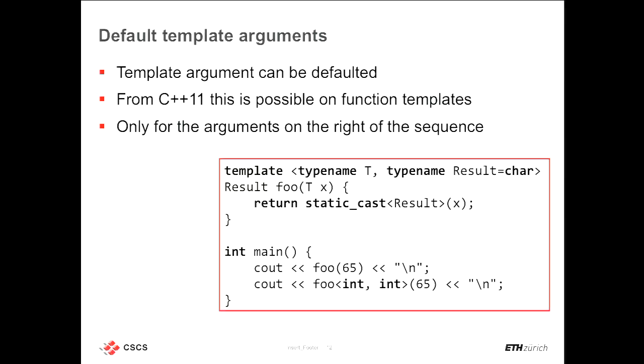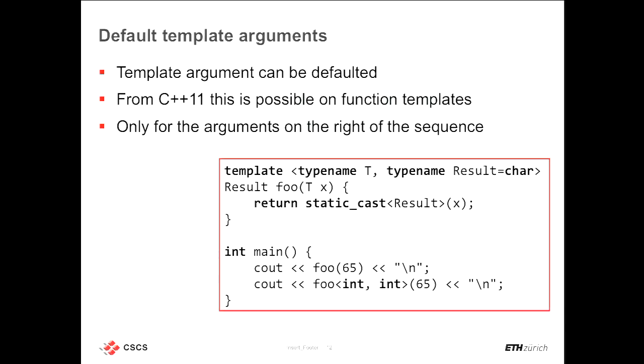Is it clear to everyone why this happens? So, I repeat, I see some faces that request some explanation. Foo(65). Foo is a template function. 65 is an integer. I'm requesting foo of int 65. Now, it finds foo here. The type T is int, because I know it from here.